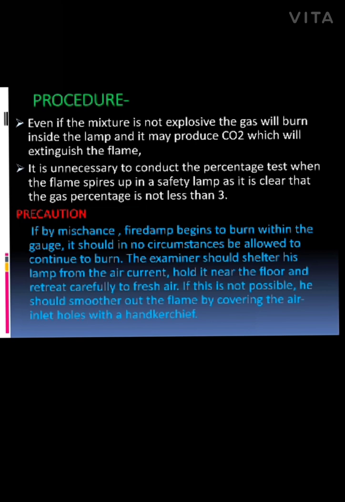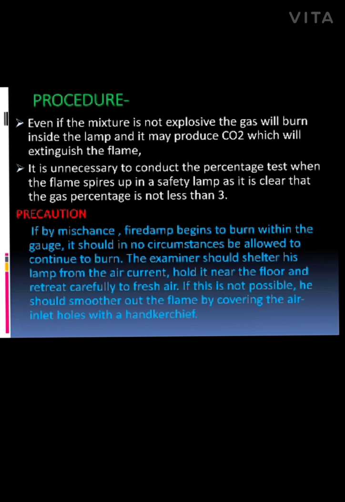If by mischance fire damp begins to burn within the gauze, it should in no circumstances be allowed to continue to burn. The examiner should shelter his lamp from the air current, hold it near the floor, because the methane gas is lighter than air, so it is always supposed to be accumulated near the roof, and retreat carefully to fresh air.